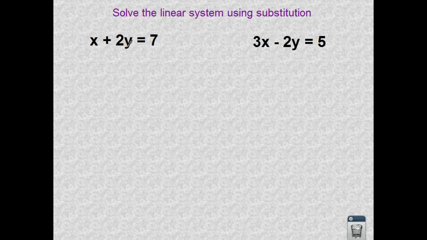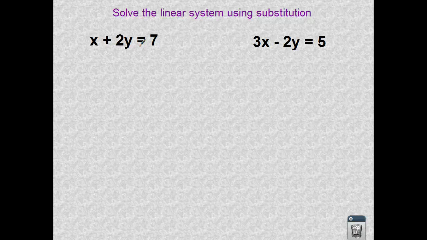So I'm looking at equation 1, and I see that I have a coefficient on the x of 1 and a coefficient of 2. On the other equation, I see two coefficients that are larger than 1. I believe that solving for the x in the first equation would give me the least amount of work, and it'll take me the least amount of time to solve for it.